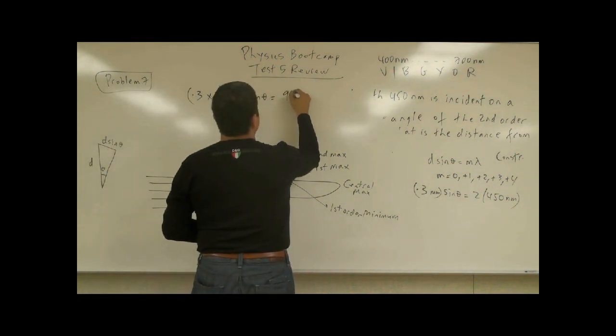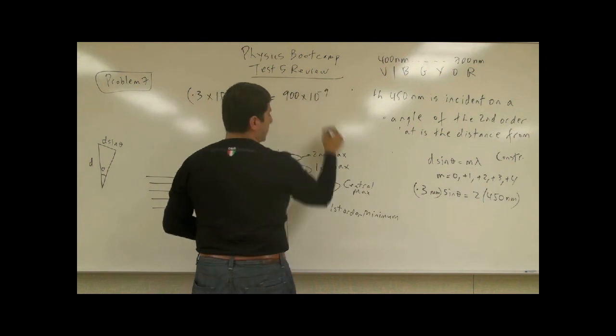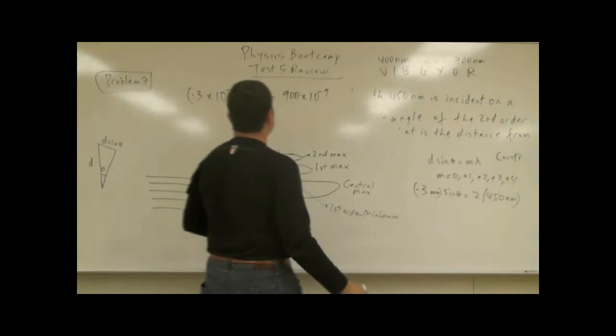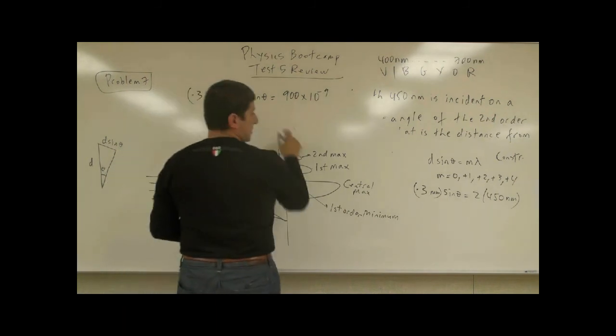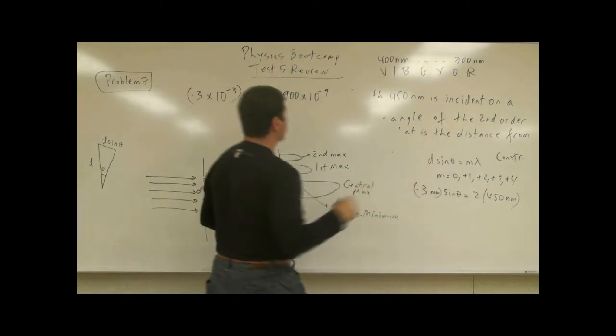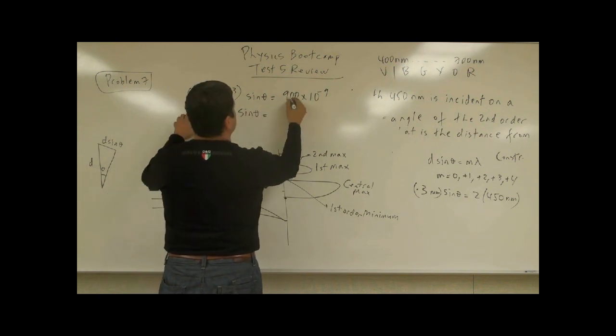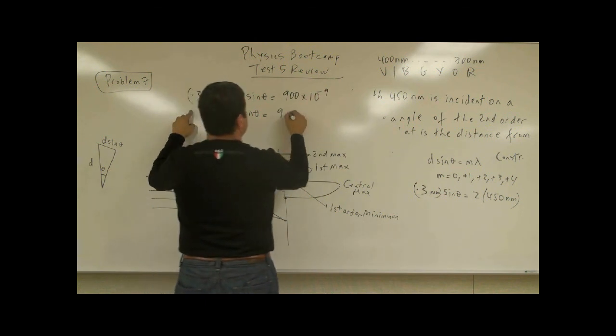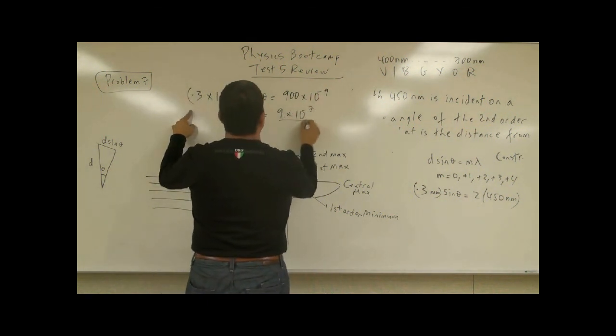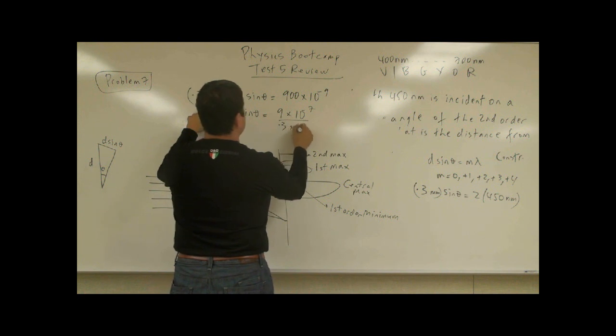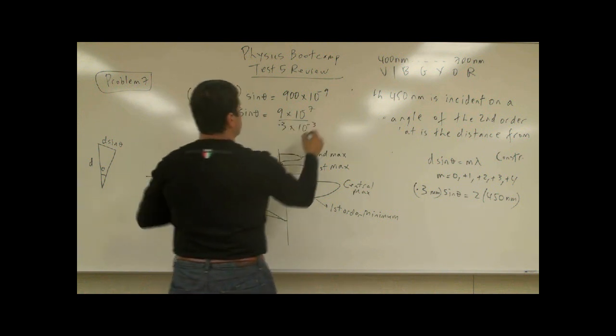We have 900 times 10 to the minus 9, a nanometer is 10 to the minus 9, and the 2 I multiplied by 450, right? So sine of theta is going to equal 900, or 9 times 10 to the second, times 10 to the minus 9, which is 10 to the minus 7, divided by 0.3 times 10 to the minus 3.